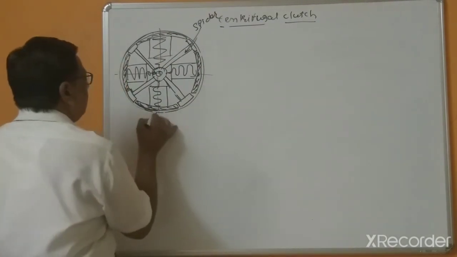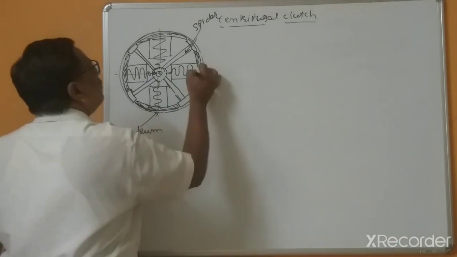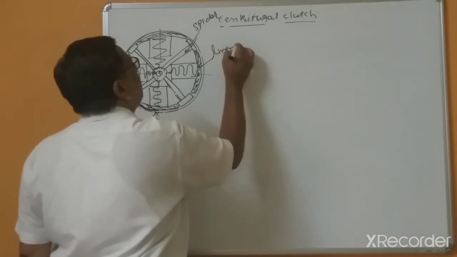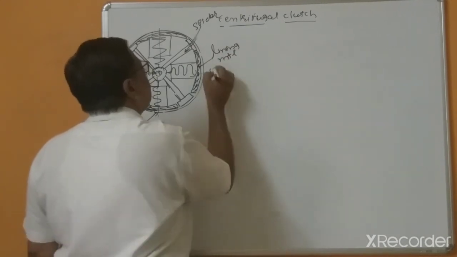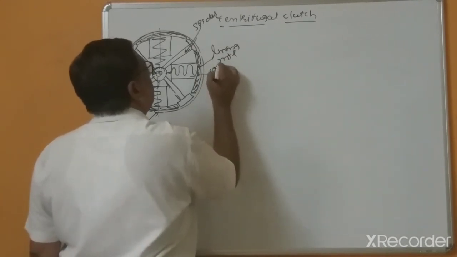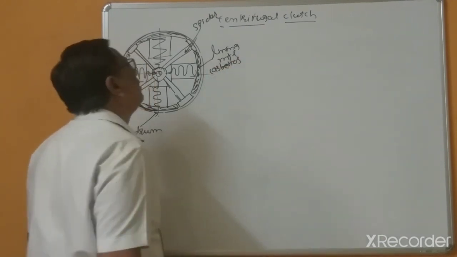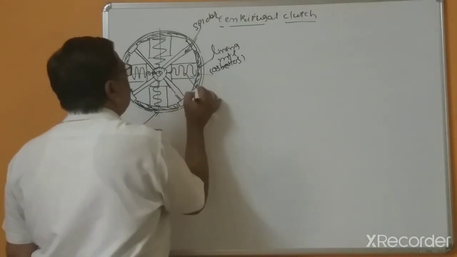This is the drum. This is the lining material, which is generally asbestos or Ferodo material, and this is the spring.